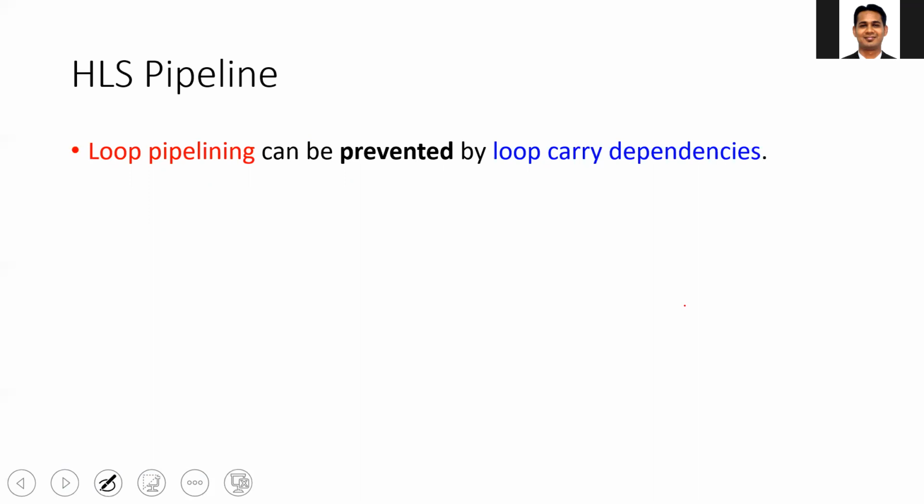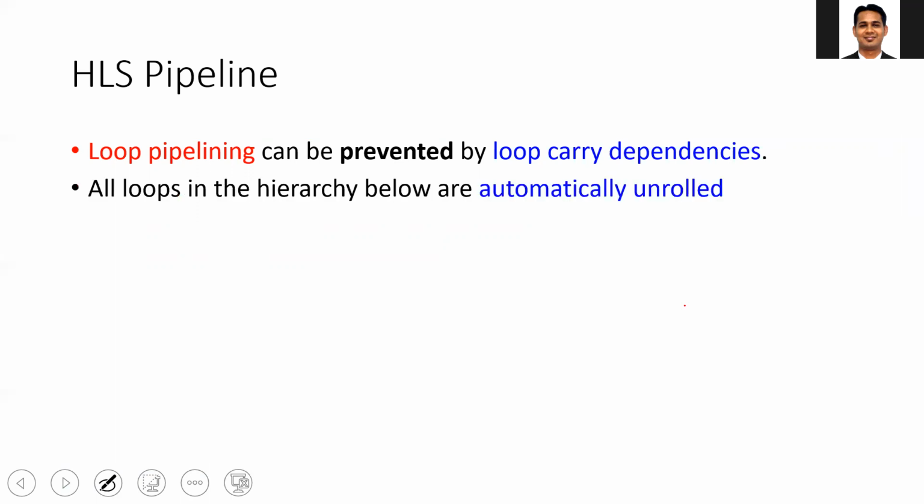That means I cannot initiate the next iteration before I complete the previous iteration, and this means the pipelining will get affected. So you need to see how this dependency can be avoided. You need to modify your code to minimize or avoid such dependency so that you can get the best possible pipelining. And what is the best possible pipelining? Your initiation interval is set to 1.